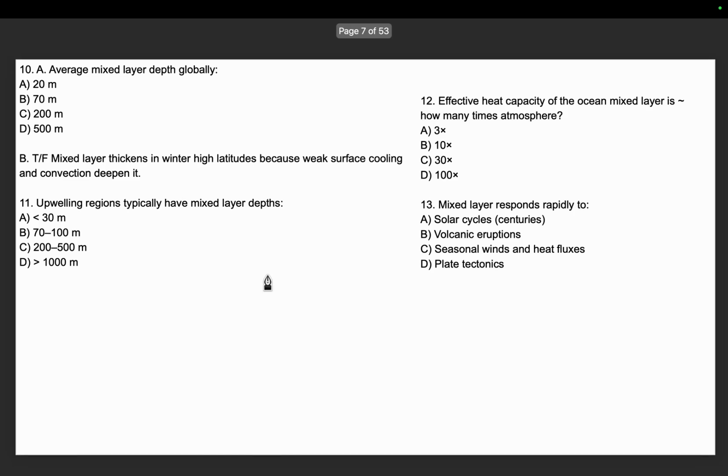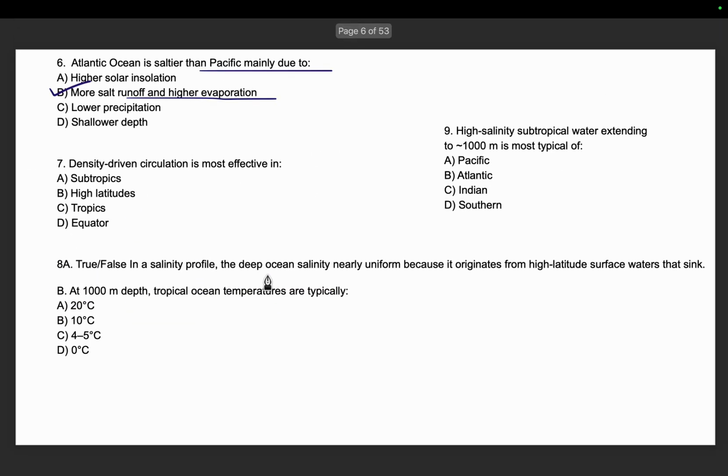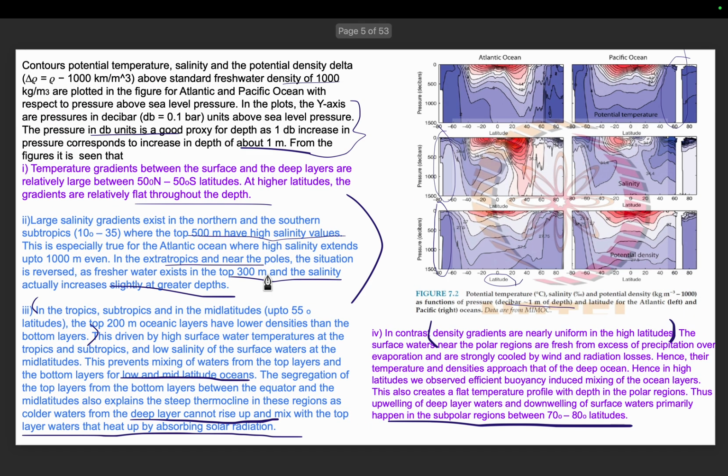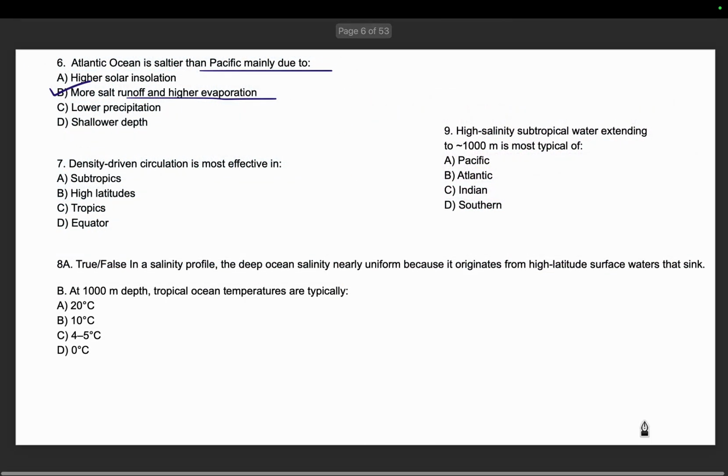Question 7, density driven circulation, that is driven by the upwelling of the deep layer waters and the downwelling of the surface water, primarily happens in the subpolar region, that is within 70 degree to 80 degree latitude. So higher latitudes have more density driven circulation.